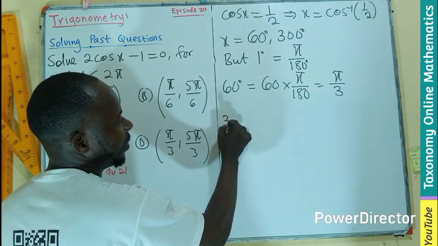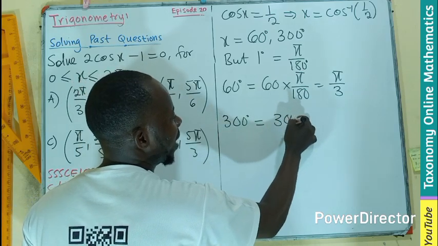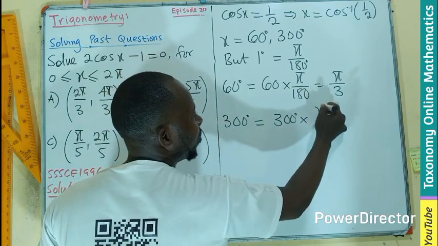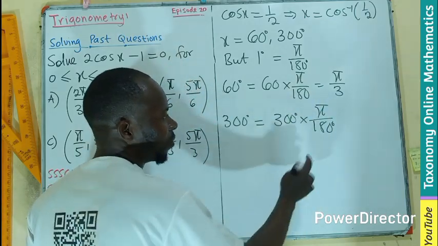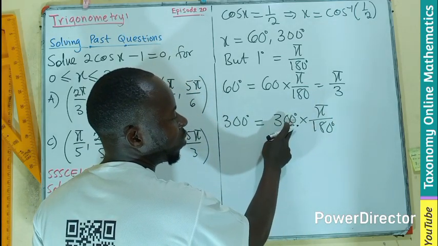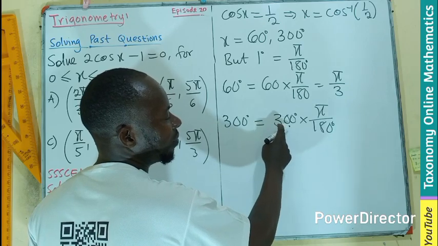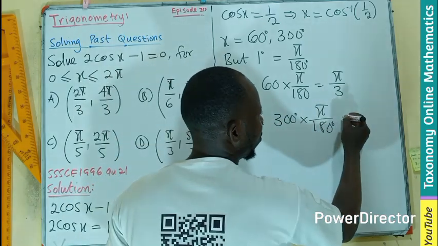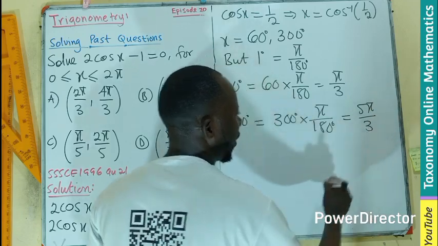Then 300 degrees will also become 300 times pi on 180. So this will cancel this, and I'm left with 3 5. 6 goes here 5, 6 goes here 3. So that will give me 5 pi on 3.